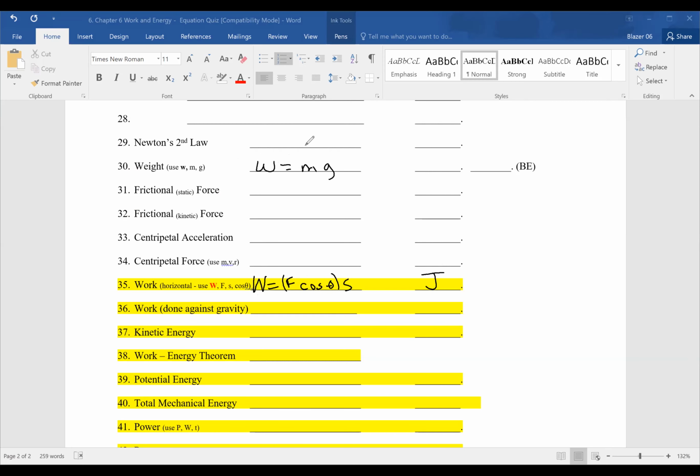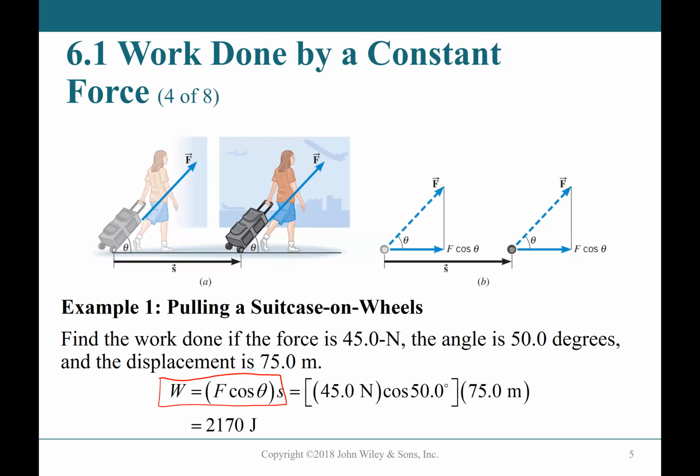So weight is in newtons, work is in joules. Okay, that's our first equation in this chapter.